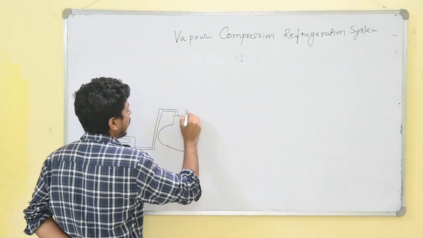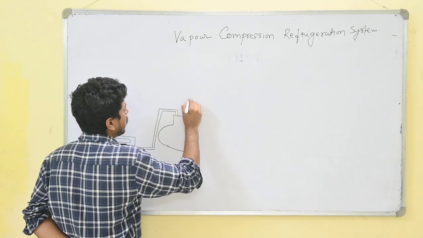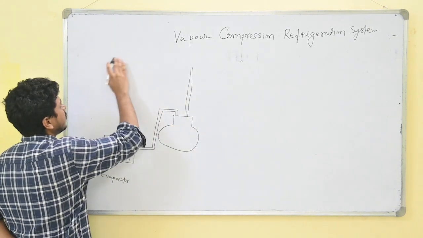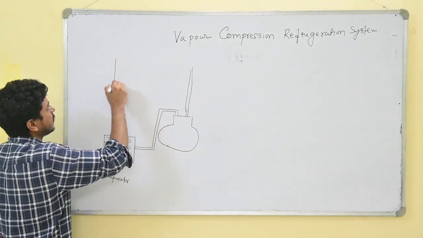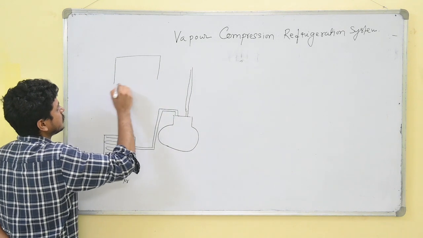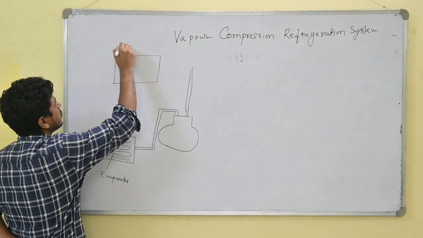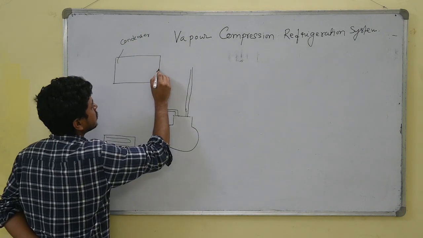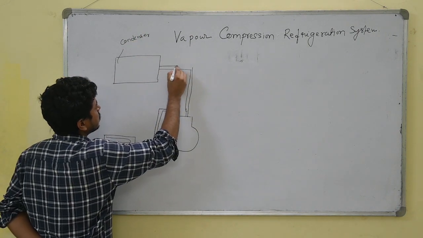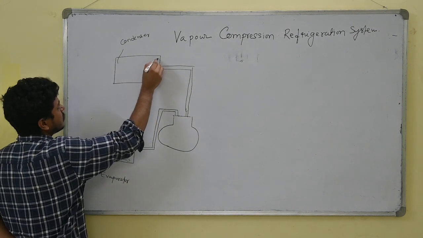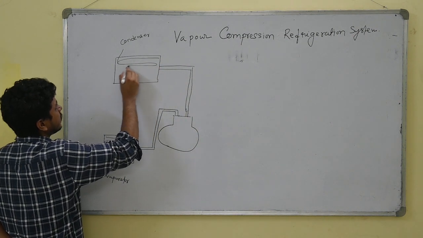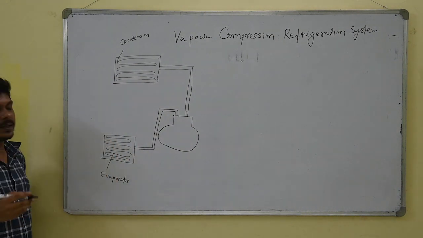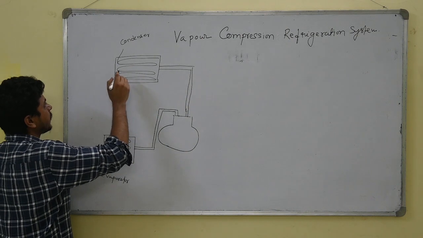Next, the output of the compressor will go to the next device, called the condenser. It is also a heat exchanger. Here also the heat transfer takes place from high temperature to low temperature.